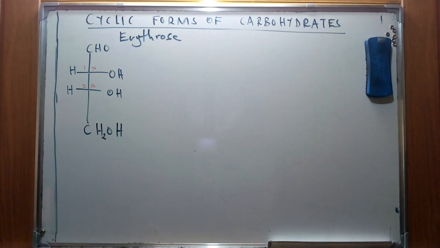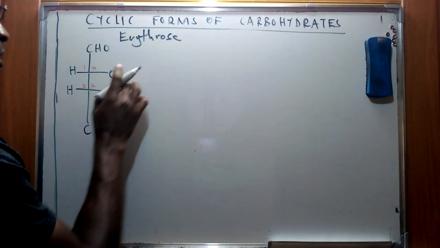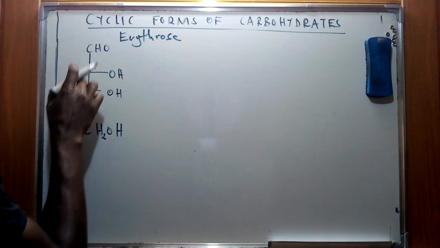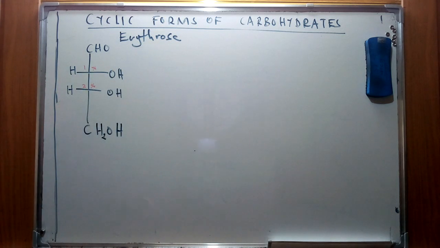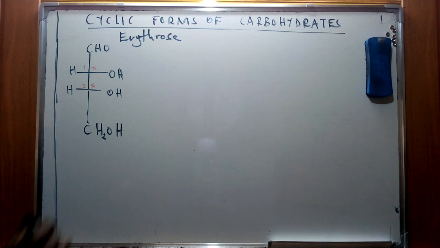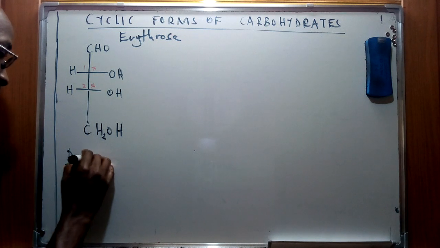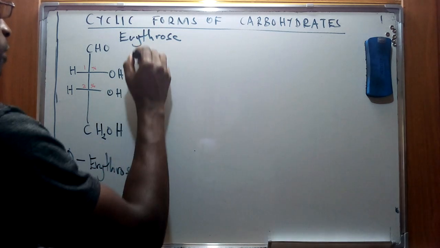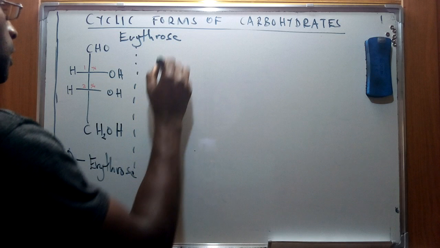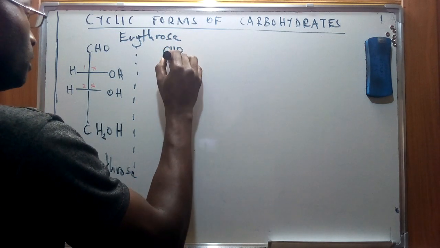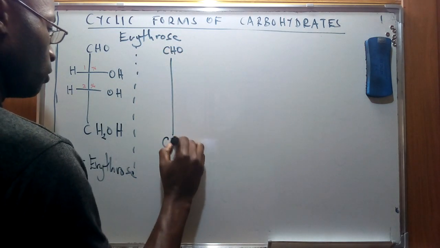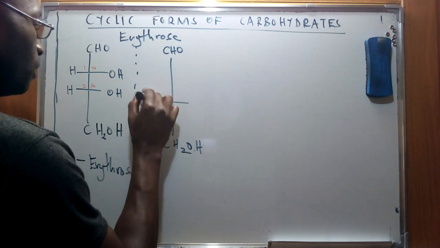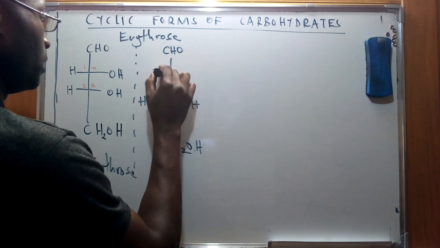Now we're going to look at this orientation and try to name it according to the Fischer projection. We can see that at carbon number 1 and 2, the stereogenic centers have an OH group and they're facing the right. Therefore, we're going to give them the orientation for the erythrose. Now, suppose we have an enantiomer for this sugar, then we're going to have it represented as such, and the orientation of the OH group is going to change.